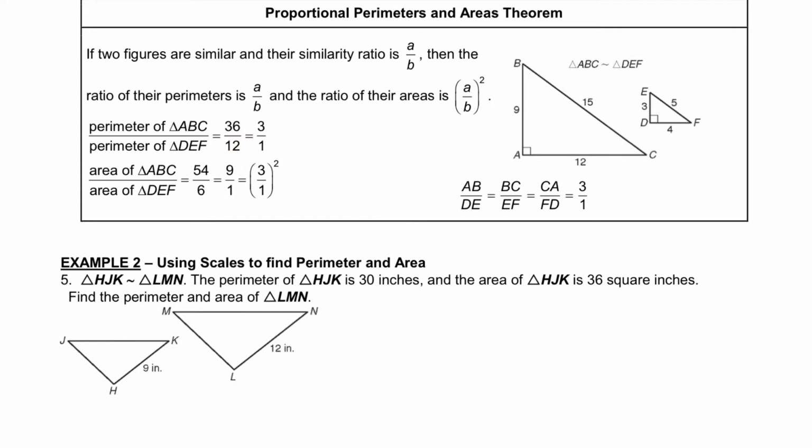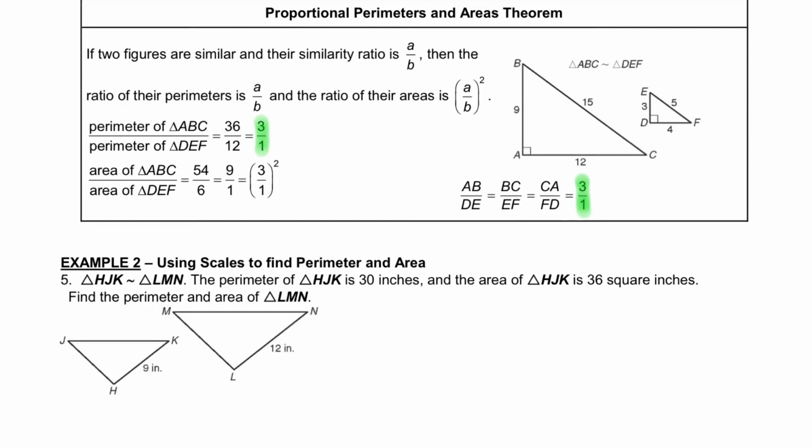So if we do the ratio of the perimeters, again using the large triangle over the small triangle, we have 36 over 12, which is 3 over 1. So we can see that when we do the ratio of the corresponding side lengths, we get 3 over 1. But then when we do the ratio of the perimeters, we also get 3 over 1.